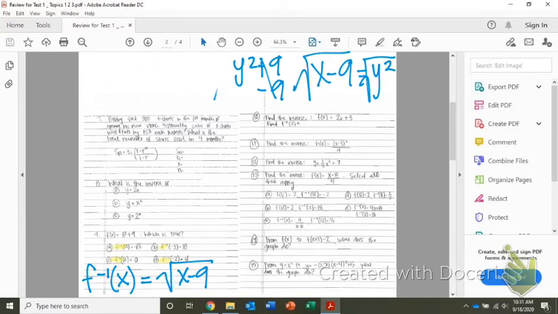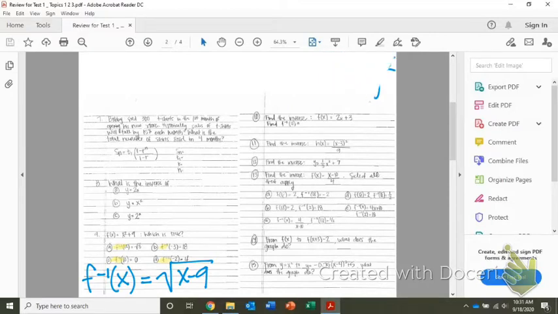Now, you have 3 choices. f inverse of 12 equals the square root of 3. f inverse of 10 equals 0. f inverse of -3 is 18.